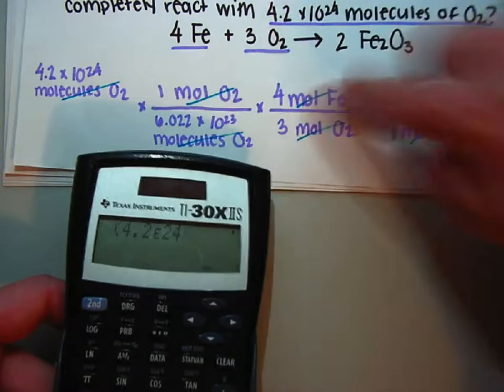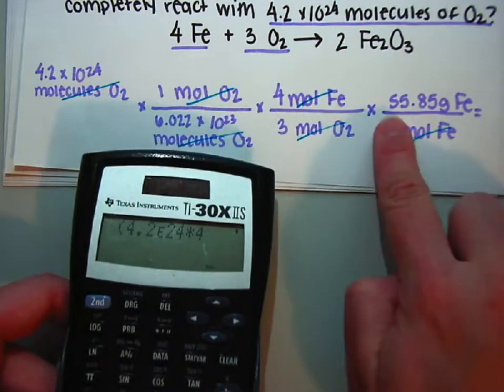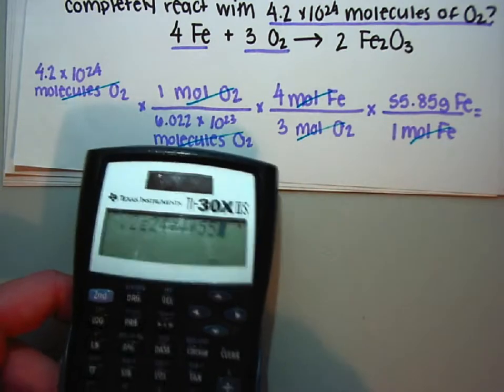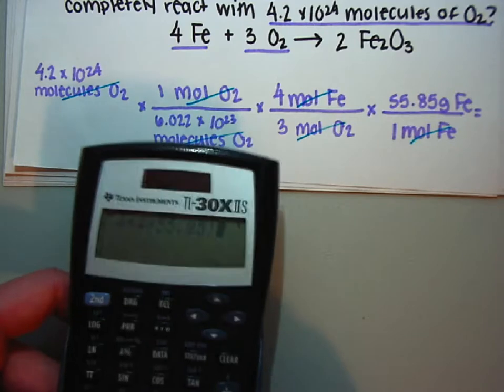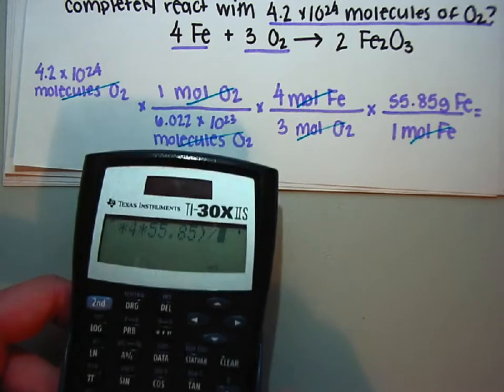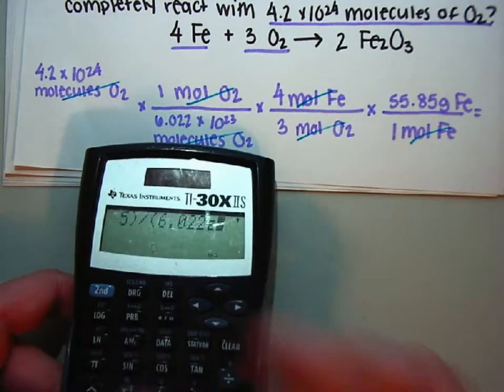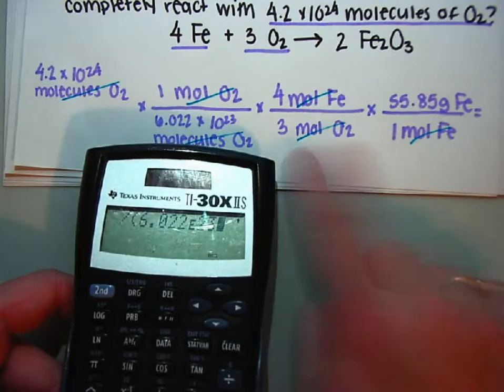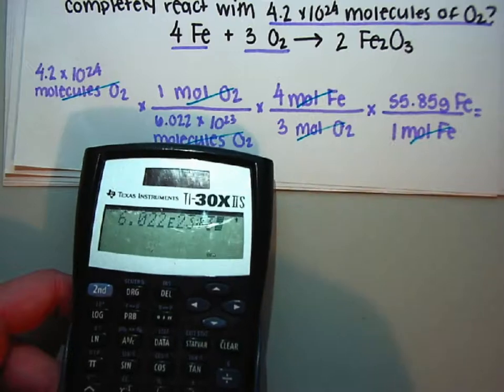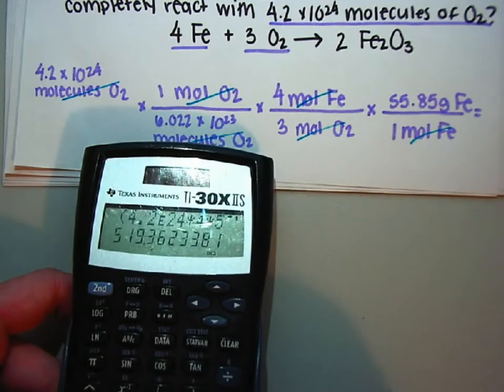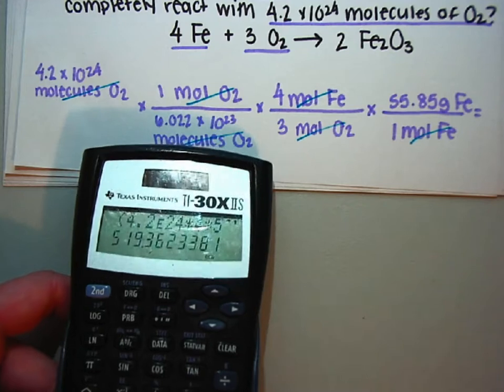Times 1 times 4 times 55.85. And then I'm going to divide that by the denominator. 6.022 E23 times 3 times 1. 519.36.